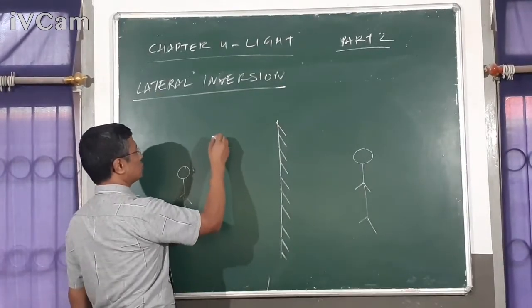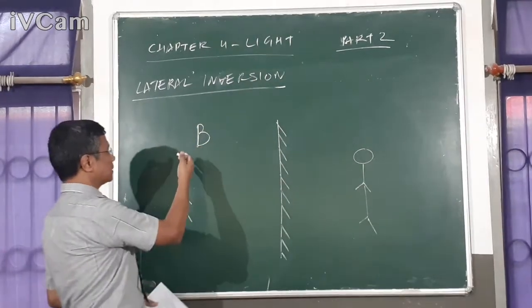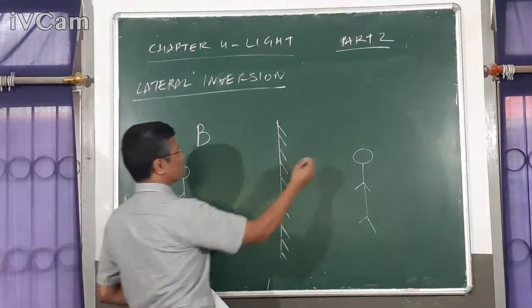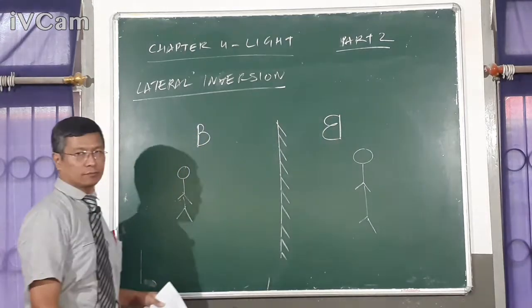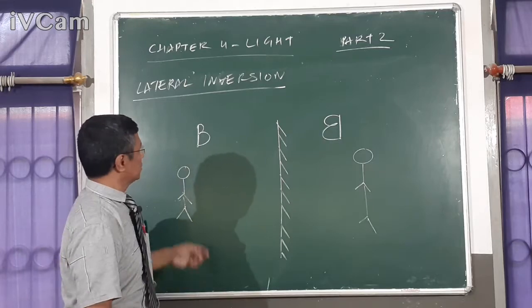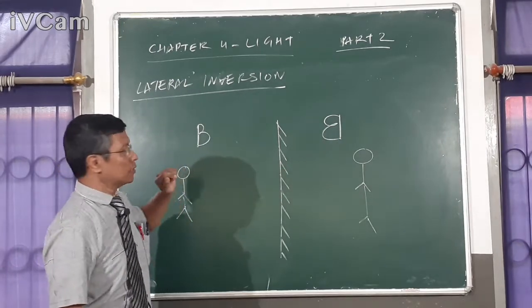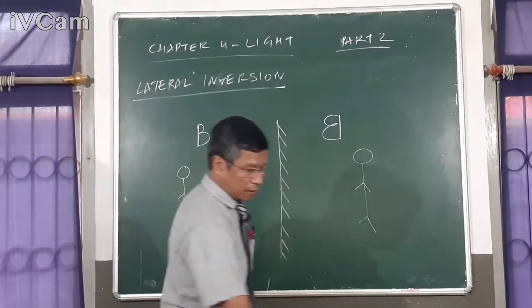Now, supposing you have the alphabet B and you look at its reflection in the mirror, you will find that B actually looks like this. It's laterally inverted. So this change of side, when the image is seen in a mirror, is called lateral inversion.